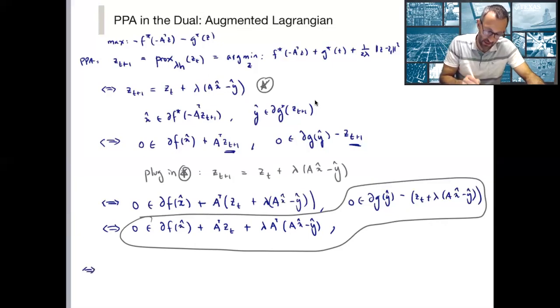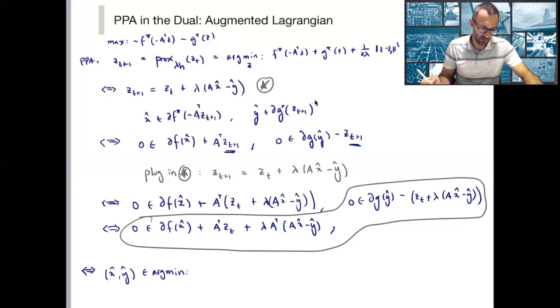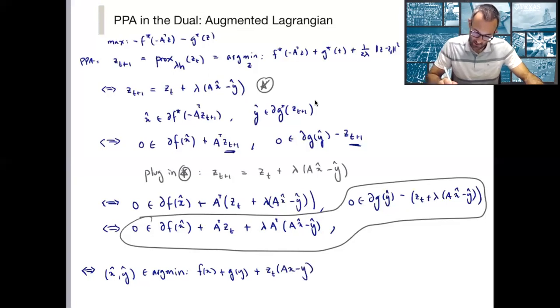So this is exactly the same as writing that x hat and y hat solve the problem f(x) plus g(y) plus z transpose (Ax minus y) plus lambda over 2 times the norm of (Ax minus y) squared.